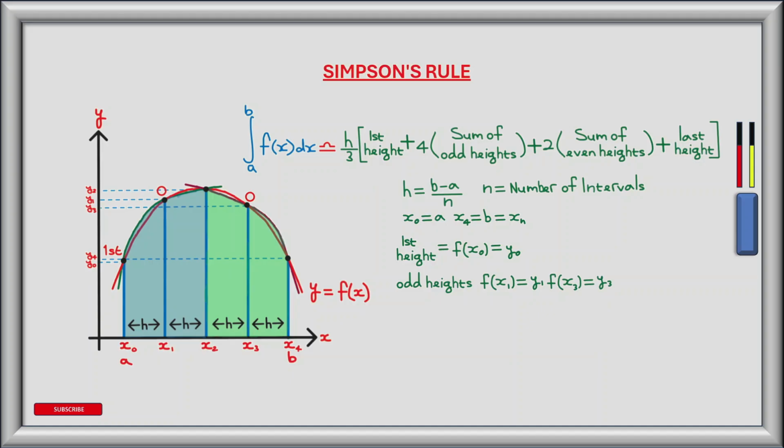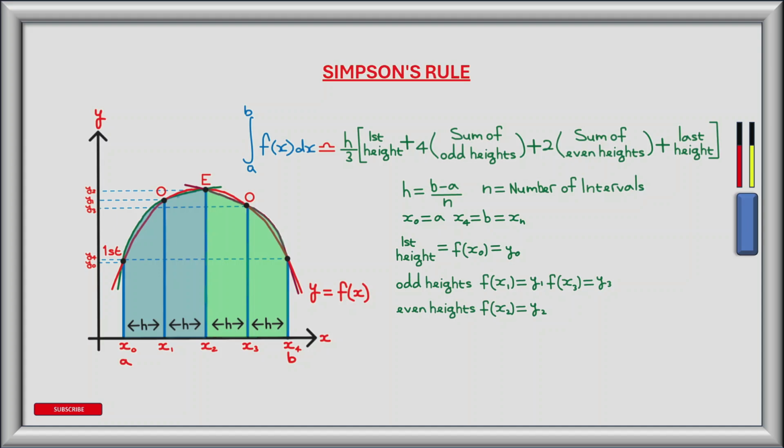Its corresponding height is y1, shown here. As the number 1 suggests, this is one of the odd heights, and I've marked it with an O. Its value y1 can be obtained by evaluating the function at x1. The other odd height in our example is y3, shown here and marked with an O. This height is obtained by evaluating the function at x3.